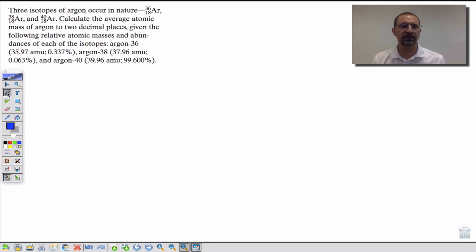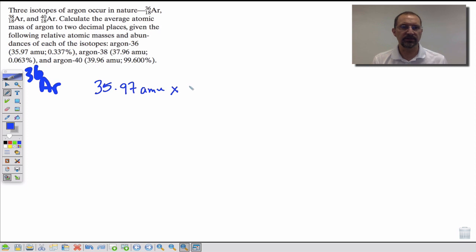We've got three isotopes of argon. We've got argon 36, and I'll just start with that one. Let me make my pen a little thinner here. We're told that argon 36 has a mass of 35.97 AMU, and it has an abundance of 0.337%.